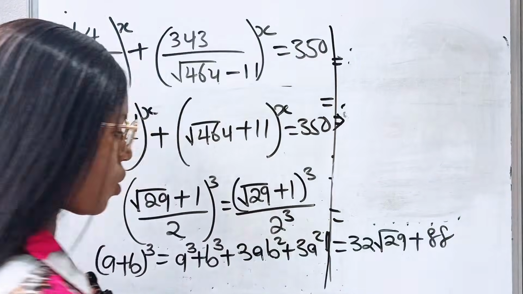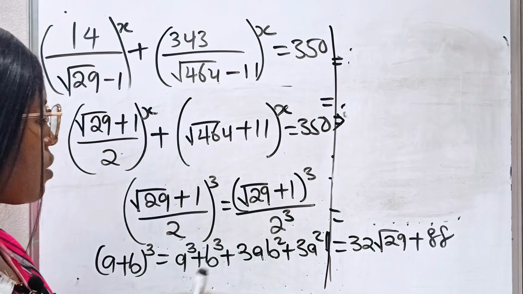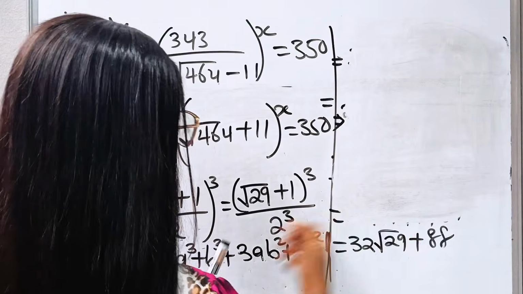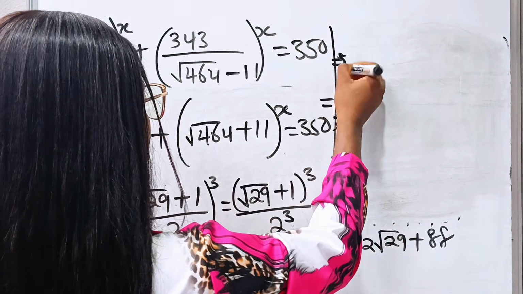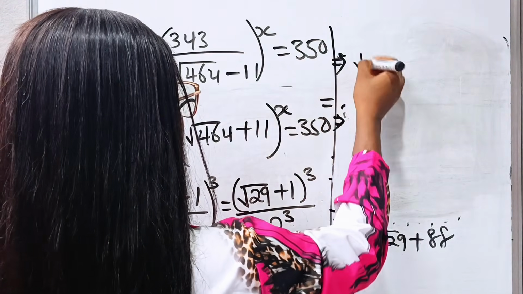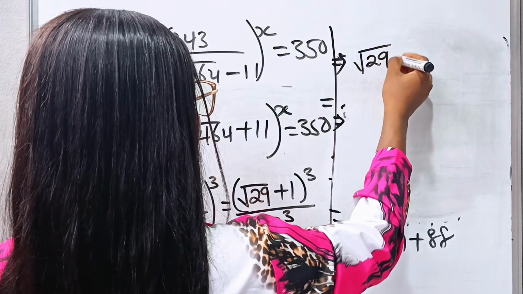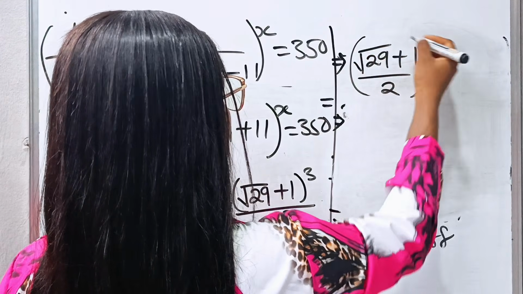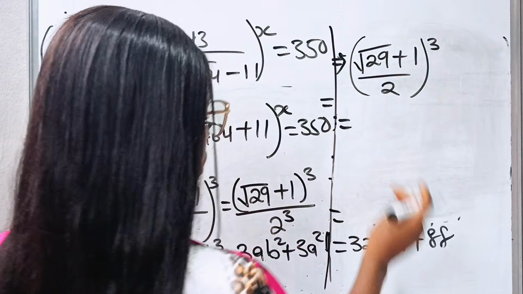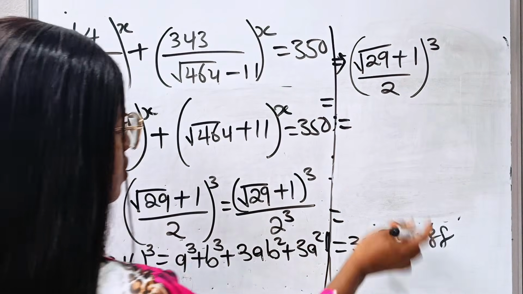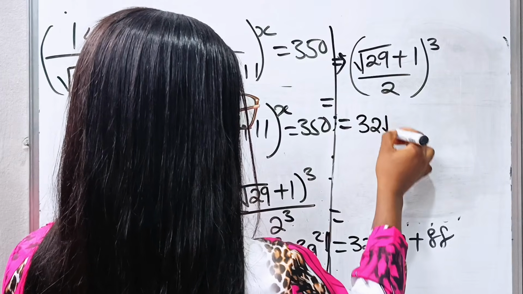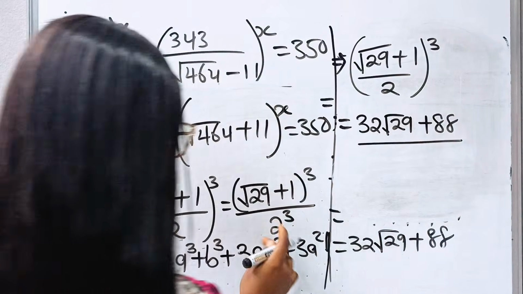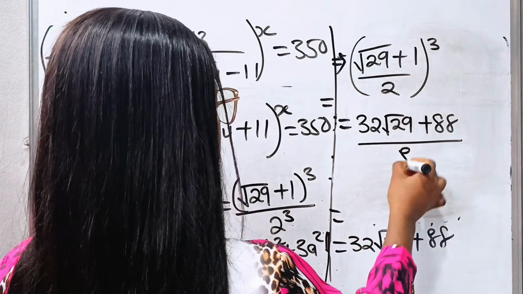So it simply means that root 29 plus 1 to the power of 3 is equal to this. So we have that root 29 plus 1 divided by 2, all to the power of 3, will be equal to 32 root 29 plus 88 divided by 2 to the power of 3, which is 8.